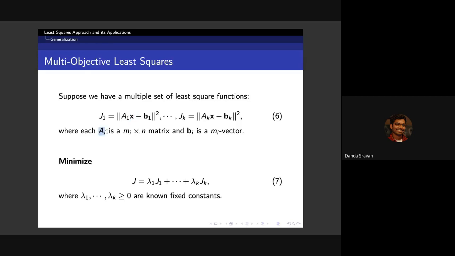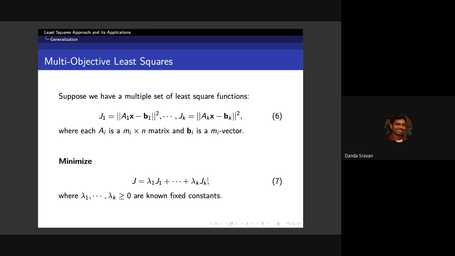Each Ai is an mi cross n matrix, meaning I have mi equations in n variables, and bi is an mi-sized vector. Now I wish to minimize a weighted least squares. Each of these weights is non-negative and known beforehand. How do I minimize this particular cost function?